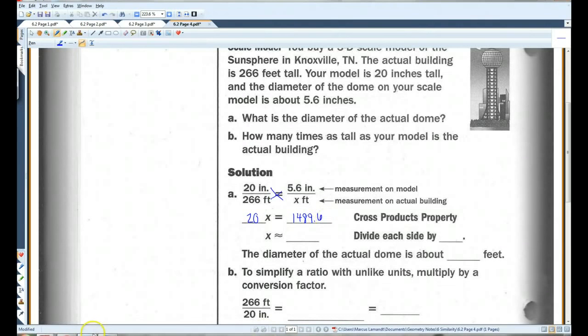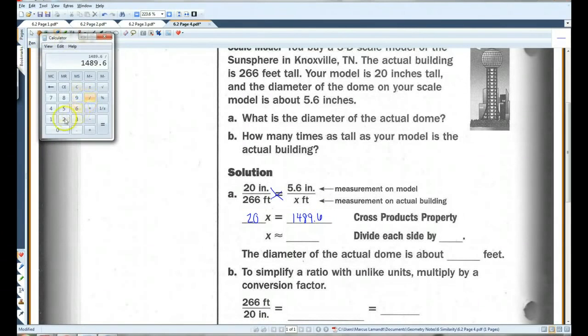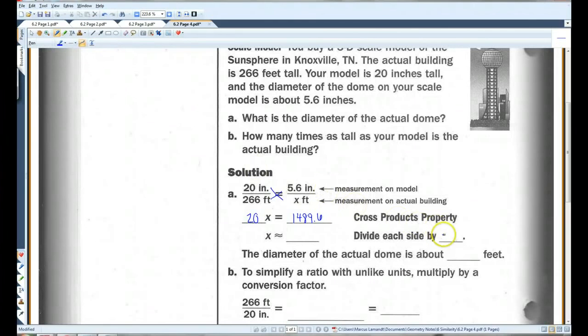And then we can divide by 20. 74.48. So the diameter of the actual dome is about 74.48 feet.